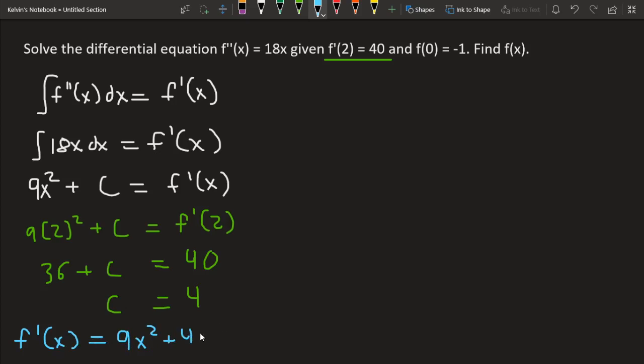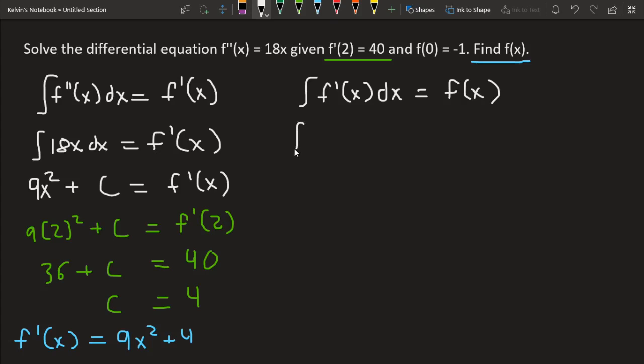However, the problem does not stop there. They ask us to find the particular solution for f of x. We found it for f prime of x. In order to go from f prime of x to f of x, we need to integrate. So, the integral of f prime of x with respect to x is equal to f of x.